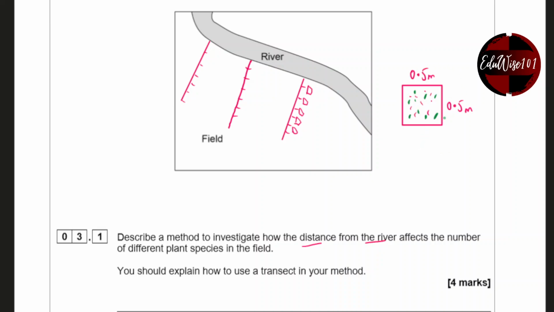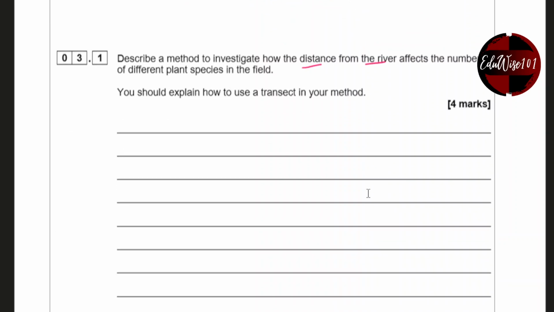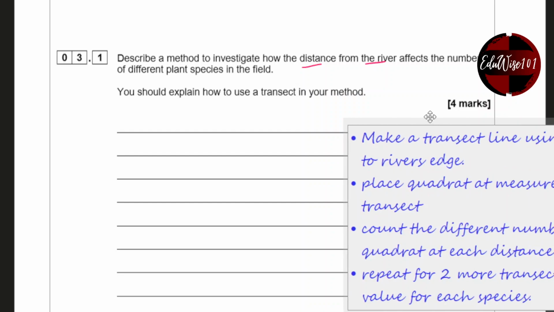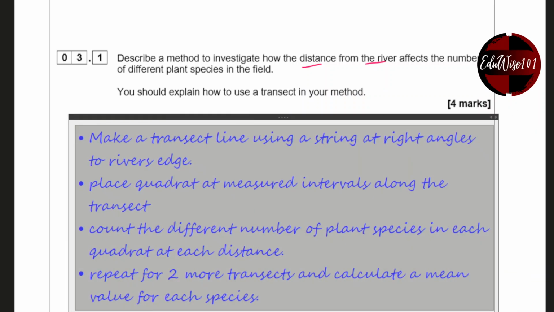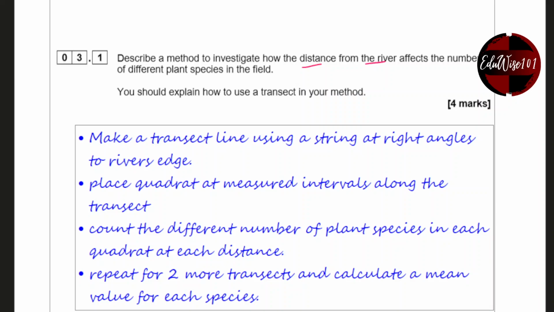So you should explain how to use a transect in your method. So first point, here's a sample answer. Make a transect line using a string at right angles to the river's edge. Place quadrats at measured intervals along the transect.